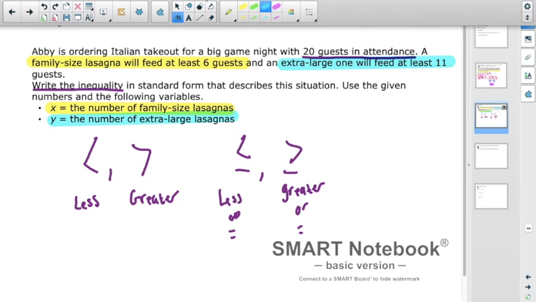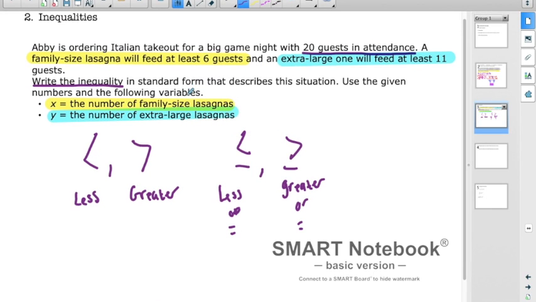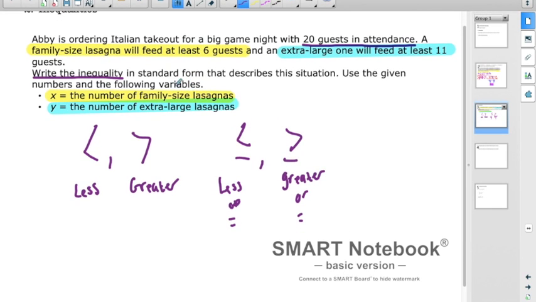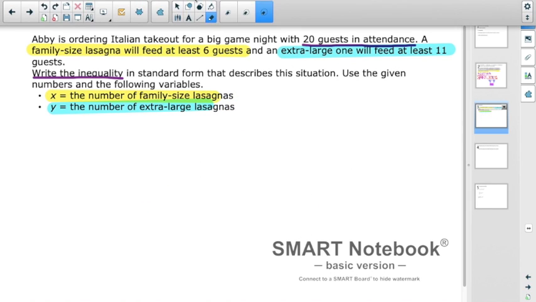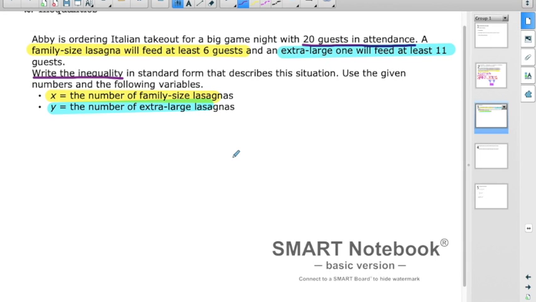Okay? So, setting this up, again, we need to feed at least 20 people. That's what this is saying. We want to feed at least 20 people, which is what it says right here. So to set this up, we know we're going to have family-sized lasagnas, and we also know we're going to have a number of extra large lasagnas, and we can take what it told us up here.